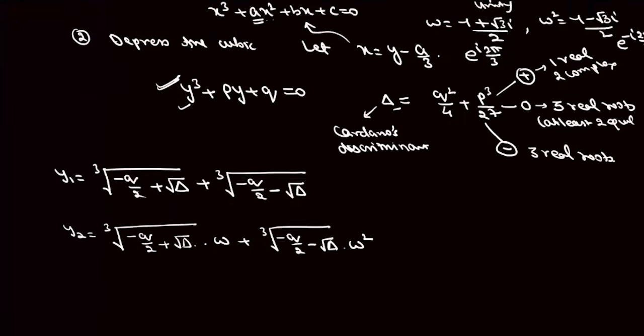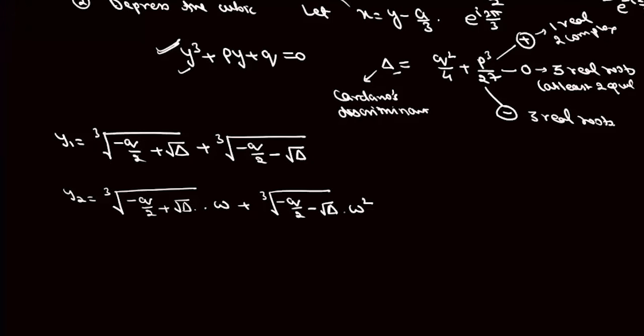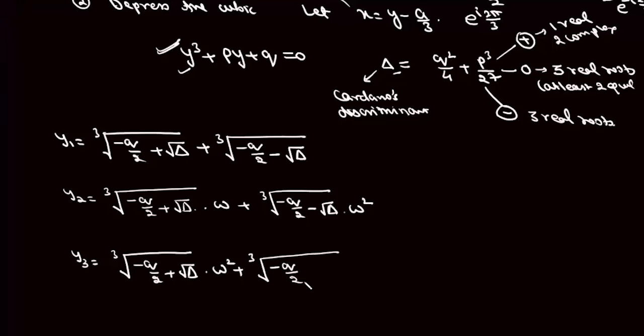And the third root will be given by y3, which is the cube root of minus q by 2 plus under root delta into omega square, plus the cube root of minus q by 2 minus under root delta into omega.